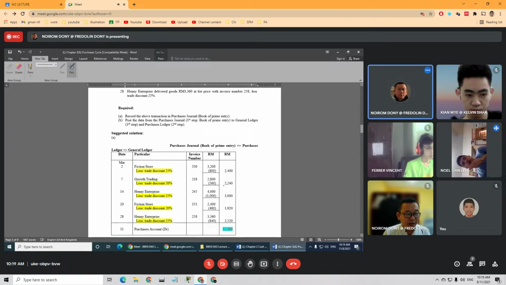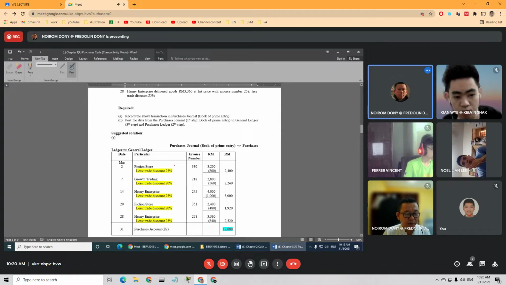Is this a standard format for the purchases ledger? No, this is not the purchases ledger. This is the purchases journal, the primary, general standard format. You have to follow this format. If you don't follow this format, you don't get marks. Make sure you use this format.